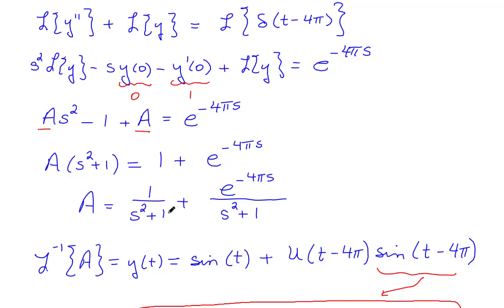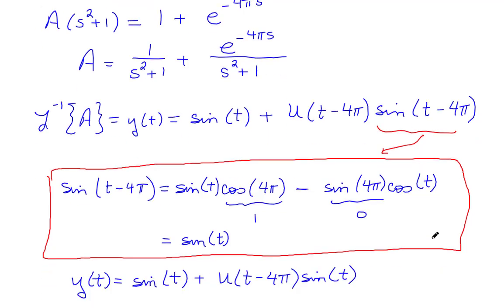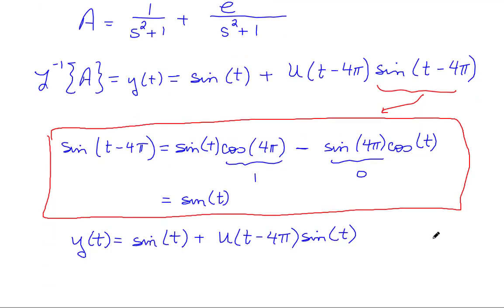Alright, so I recognize this is the inverse Laplace transform for the sine of t. Here is our delayed u of t minus 4 pi, and it's the sine, again being delayed. Well, can we clean that up a little bit? What about this sine of t minus 4 pi? We'll use the sine formula for the sum and difference of two angles and split it up.